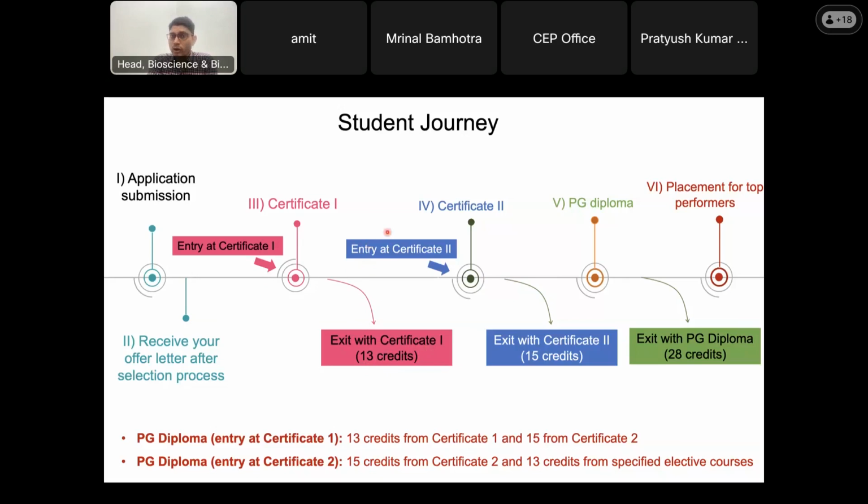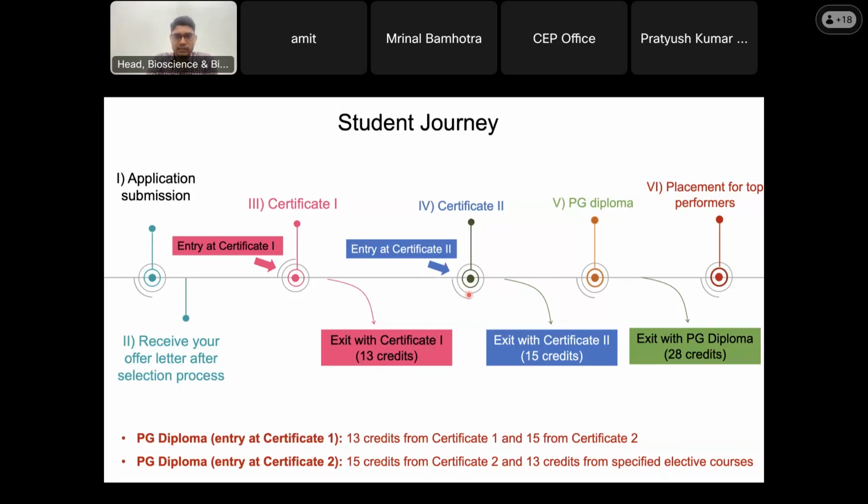There is also an option that if you already have exposure to the courses or the content that is covered in certificate 1, you can even enter at certificate 2 directly, and still there is a possibility to obtain the PG diploma.